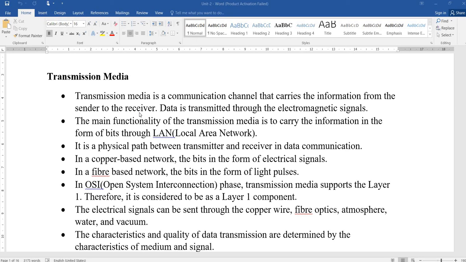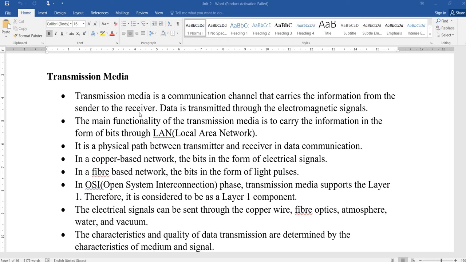It is the physical part, not the logical part. This is the physical connectivity between transmitter and receiver in data communications.